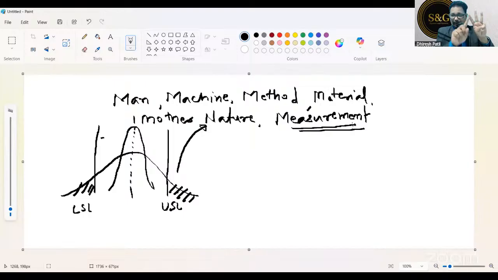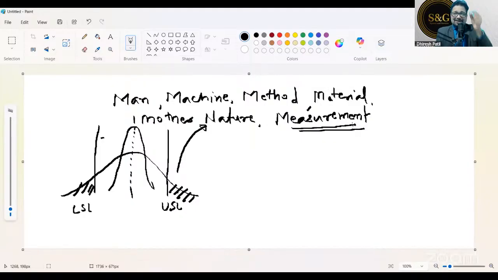Three locations where you have done the weight. Do you observe some variation in the weight? Yes or no? Do you get exactly, let's say your weight is 70.2.